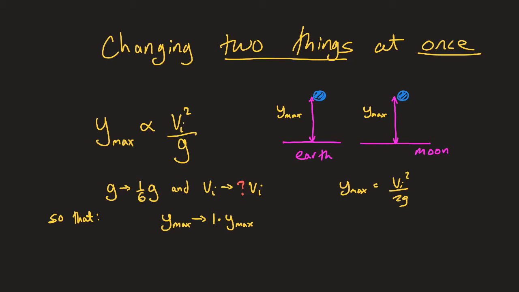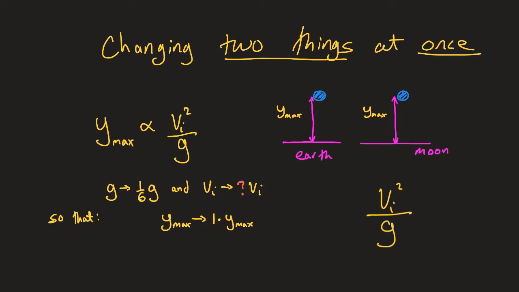So with that in mind, I think the easiest way to do this is just to leave everything up like we have it over here. So we've got vi squared divided by g. And then we want to balance this thing out. So whatever we do to the top, we need to do to the bottom, or vice versa.